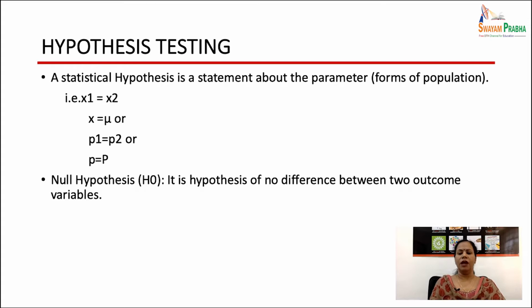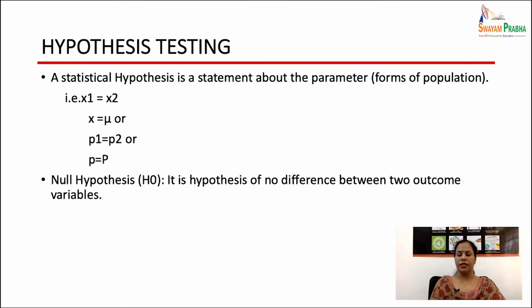So whatever outcome variable is there, it might be the knowledge score. You may say that the knowledge score of one particular sample of a community or of students will not differ from the other sample. So it means the knowledge score x1 is equal to x2, that is, the knowledge score of the other sample.